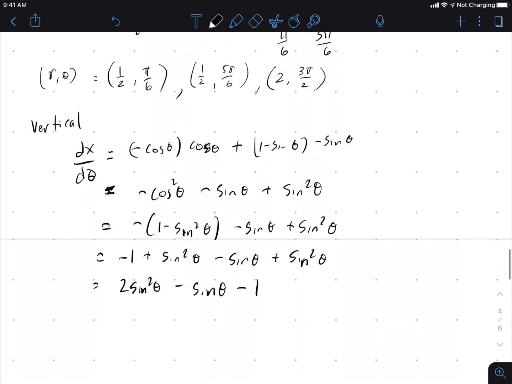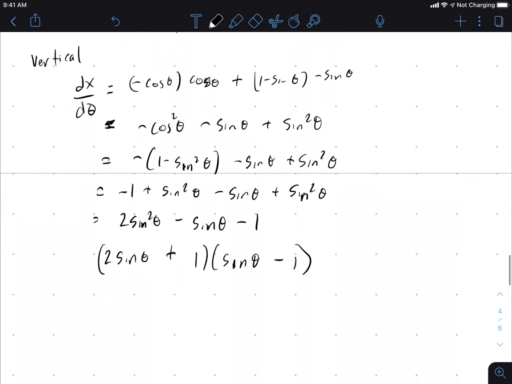Right? We need minus and plus. And then this is going to be set equal to 0 again, correct? Yes, correct.